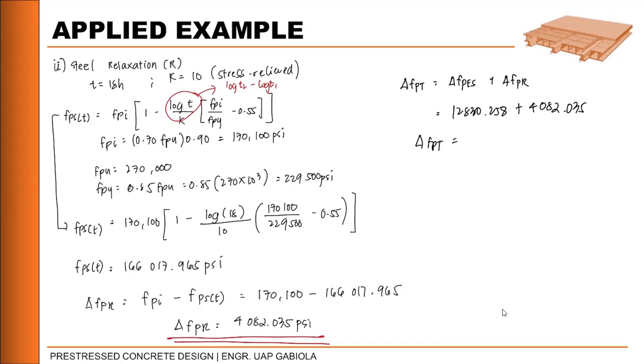So we have a value of 16,912.293 PSI. Okay. So this will be our stage 1 loading losses, and this will be our answer for letter A.